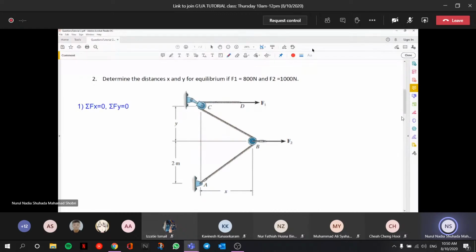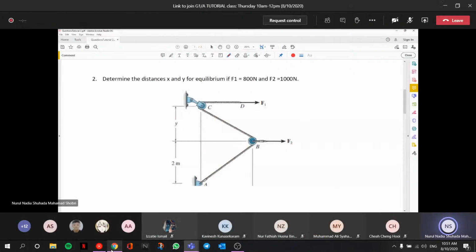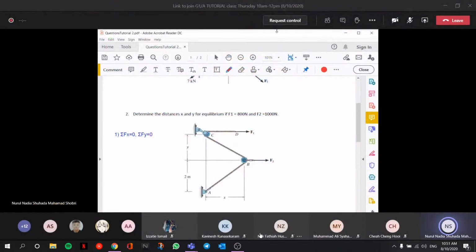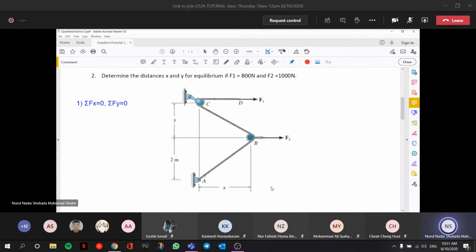As you can see, this is in the equilibrium state. What does this mean?